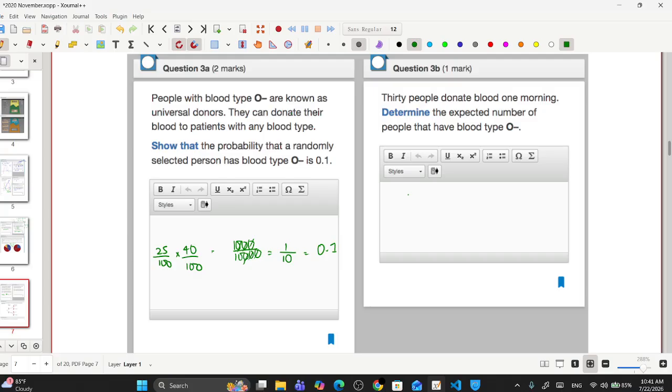As simple as that. This becomes simply 3. Because it's 10%, right? 10% of people have O minus, 30 people have donated the blood. So, of course, only 3 people are going to have that blood type.